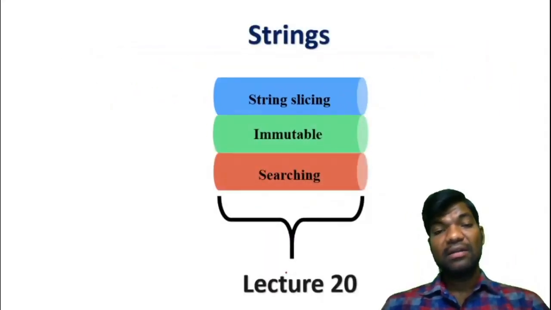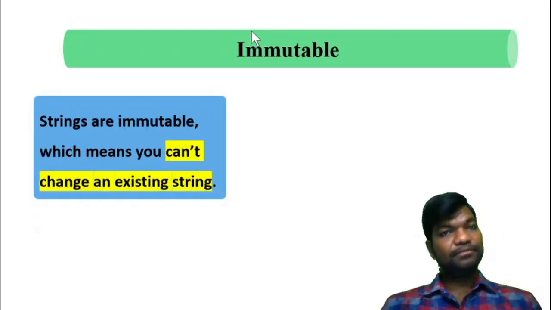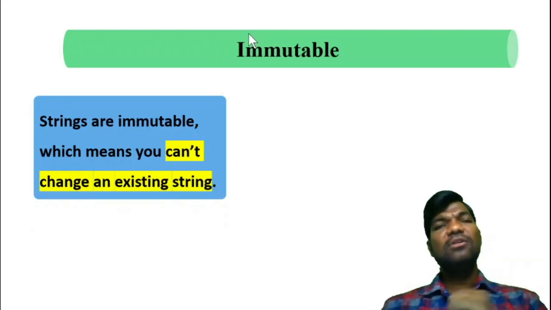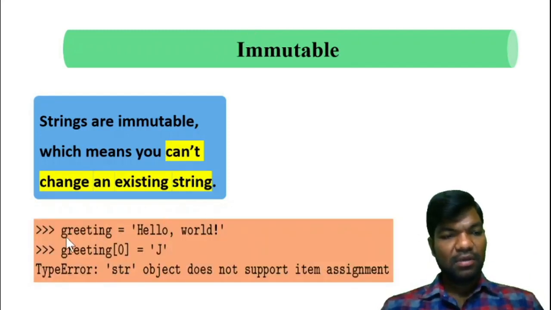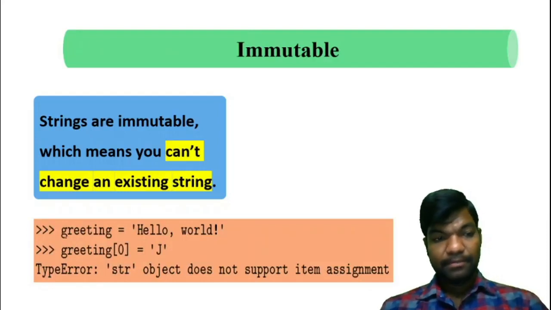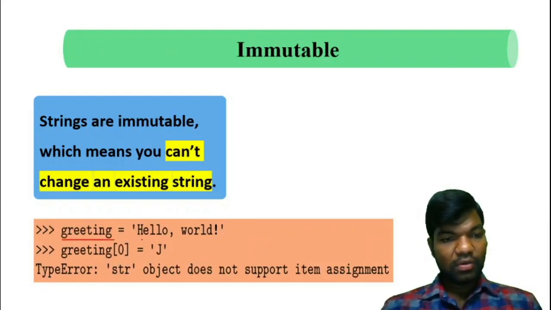Now coming to the next one, immutable. What is meant by immutable? Immutable means you can't change any character in the string. That is called immutable. It is not possible to change any character in the string. Let's check one example. Greeting equal to hello world, right?